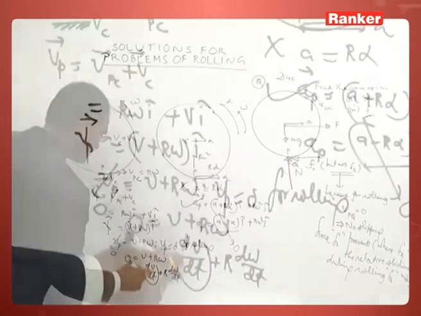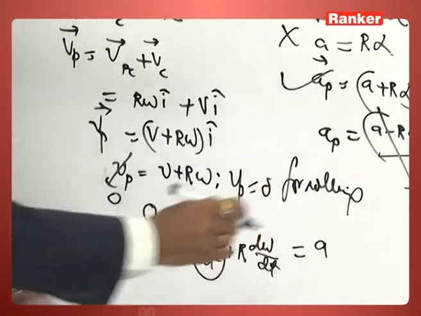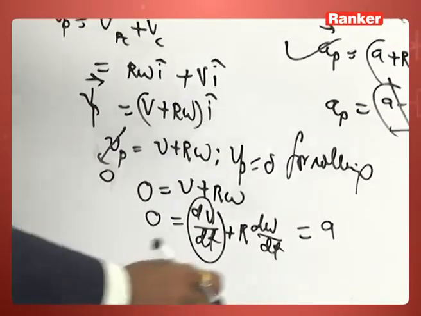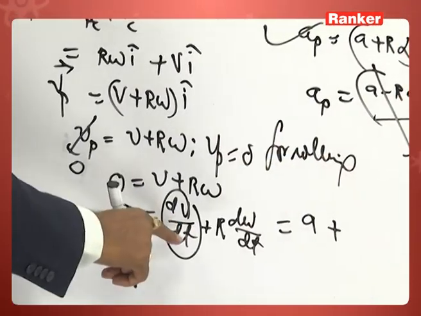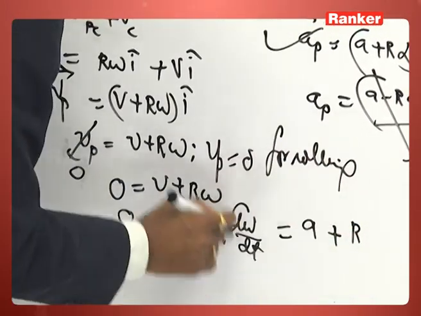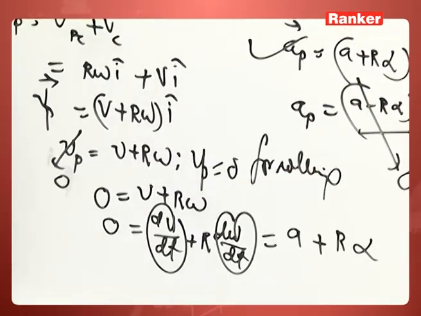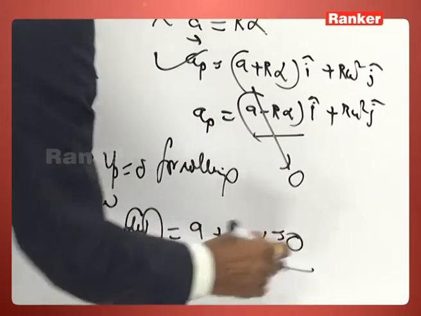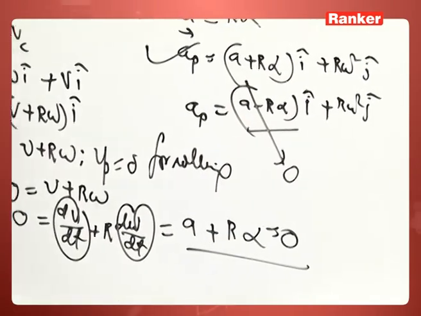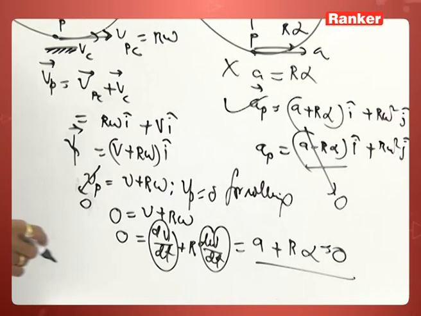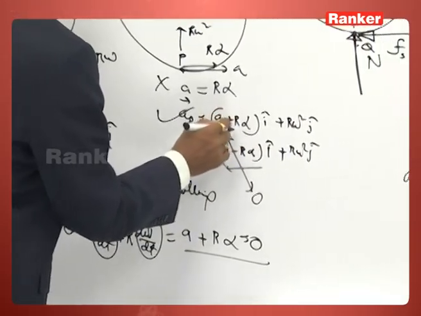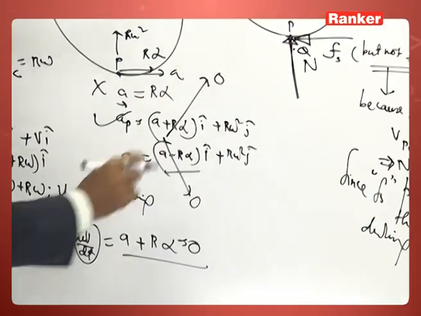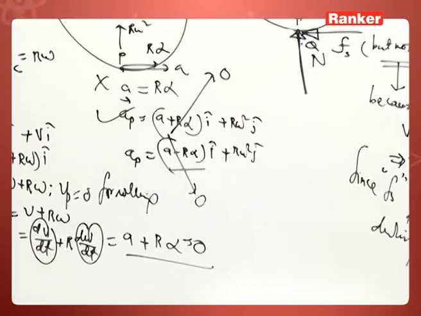This is the acceleration of the center of mass, because V is the velocity of center of mass, magnitude, plus R into this, the magnitude of angular acceleration. So A plus R alpha will be equal to 0. When you take this assumption, you can write A plus R alpha will be equal to 0 for pure rolling.